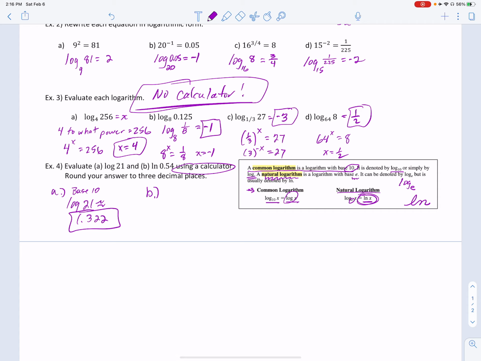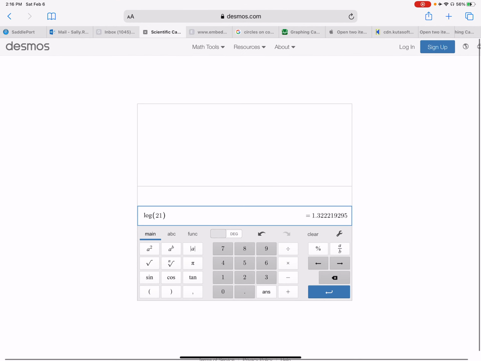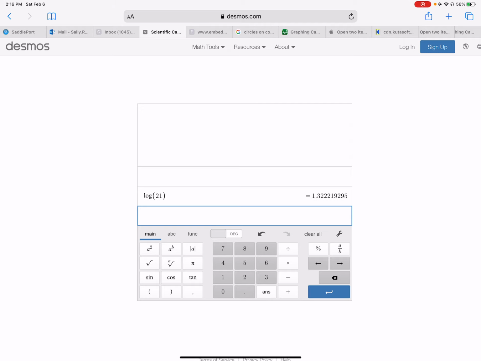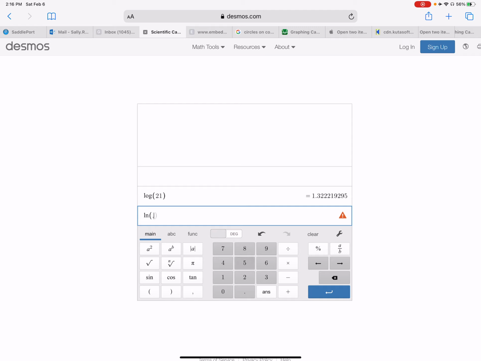And in part B, this is your natural log because it has a base of e. So we're going to go to calculator. And if I go to functions, natural log, you can see the ln there. And we want it evaluated at 0.54.